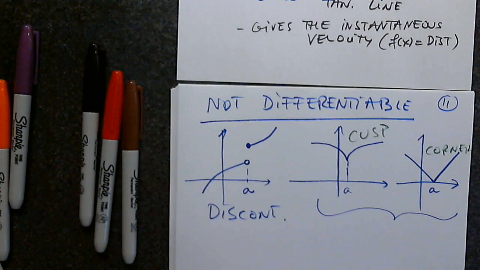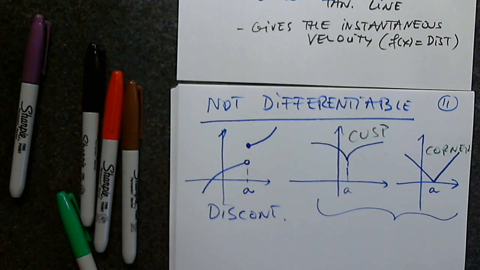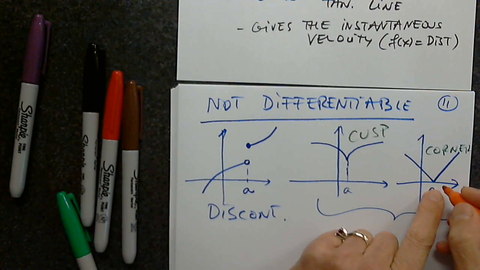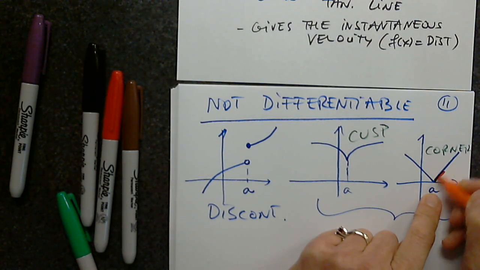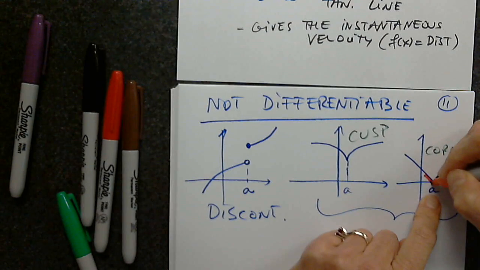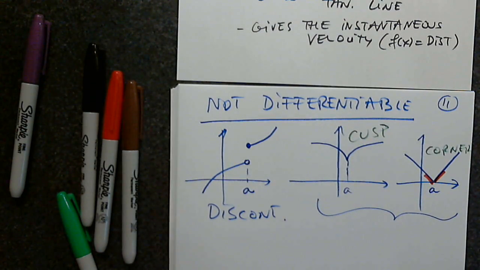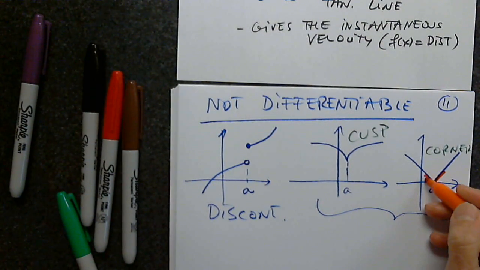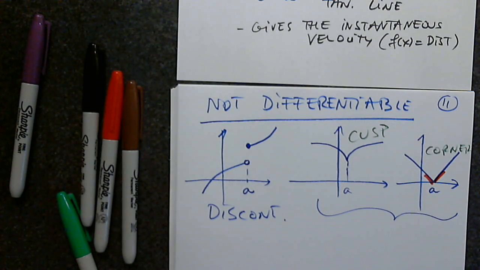Let me explain why. What is the tangent here? I don't know. There is a tangent on this side, and there is a tangent on this side. The tangent on this side is positive. The tangent on this side is negative. Which one is the tangent? So at the corner, the function at a is not differentiable.